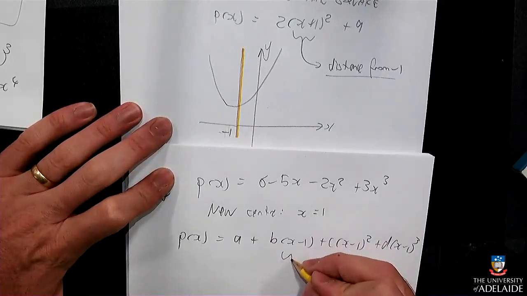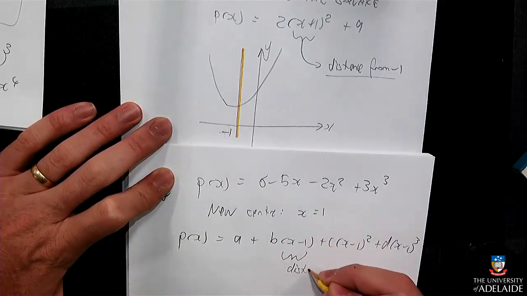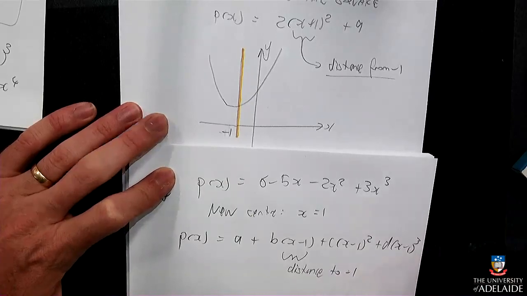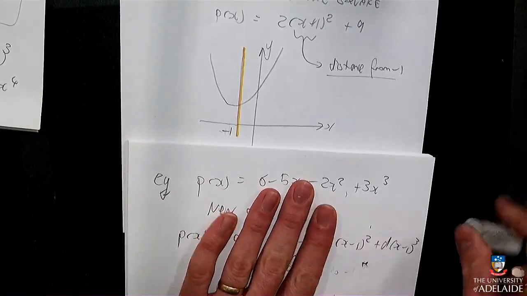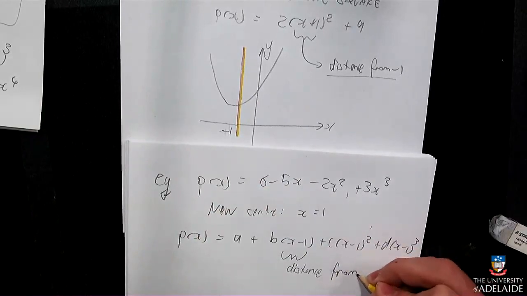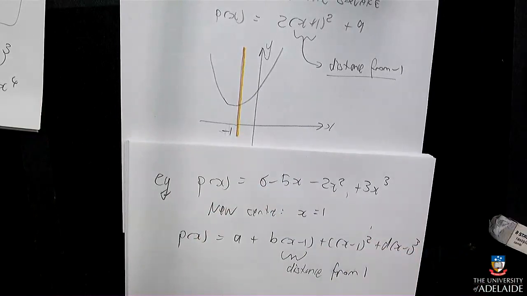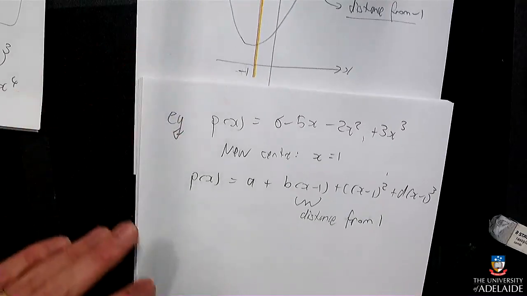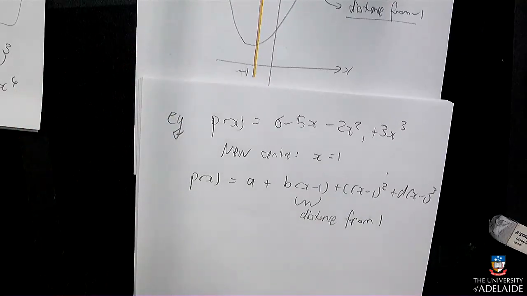So this is the distance from 1. Well, actually, it's not just the distance, it does include the above and below. So it will be negative if you're on the negative side of 1 and positive if you're on the positive side of 1.